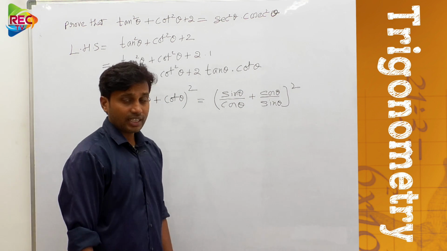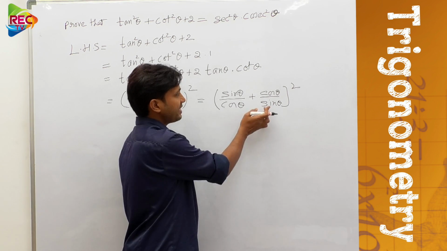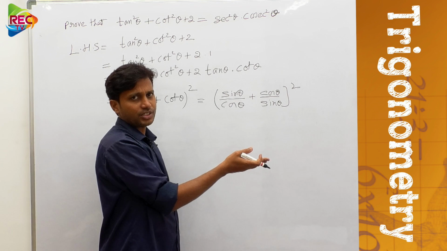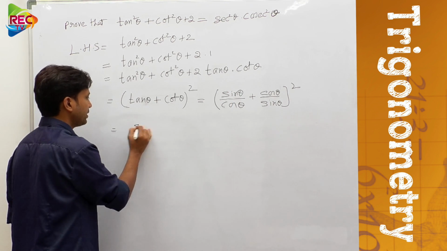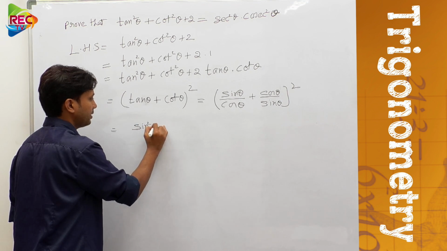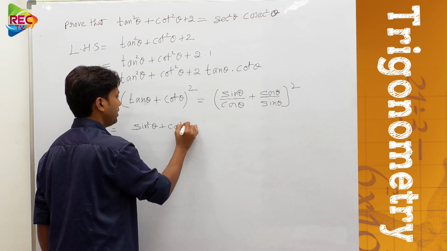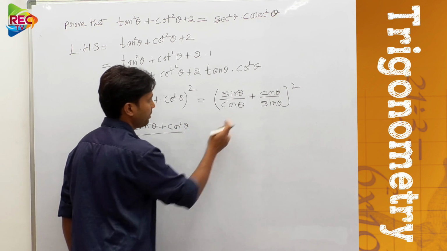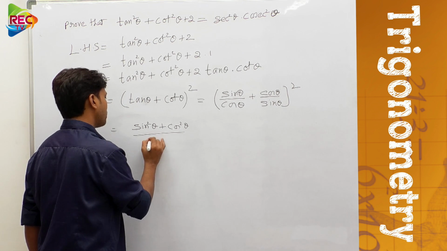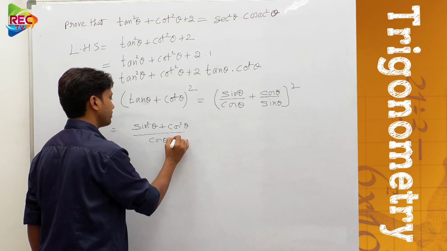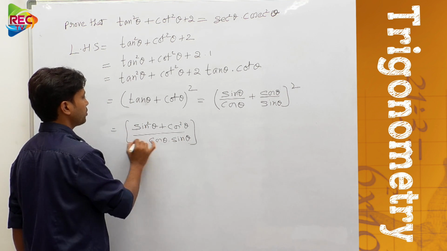Now in order to simplify the expression inside the bracket, let us take the LCM. As you know, the procedure of taking LCM would be sin theta into sin theta, that would be sin square theta, and cos theta into cos theta would be plus cos square theta. Don't need to worry about the symbol because plus is there. Now sin theta into cos theta, and to this again we put square.